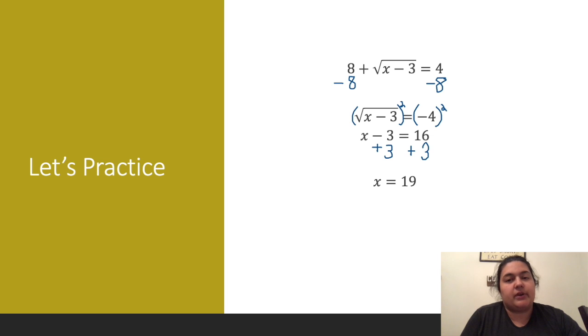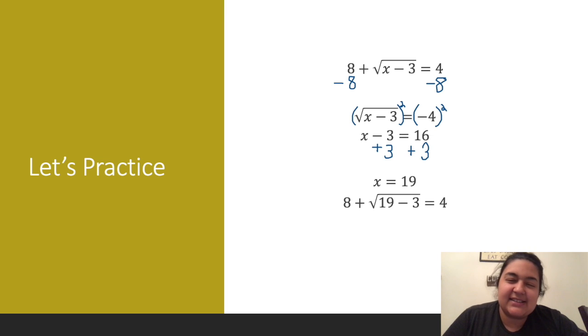Before we move forward, we are going to check our solution, because we'll see soon that some solutions don't make sense. So I'm going to plug 19 back into my original equation where x was. That gives me 8 plus the square root of 19 minus 3 is equal to 4. So 19 minus 3 is 16.